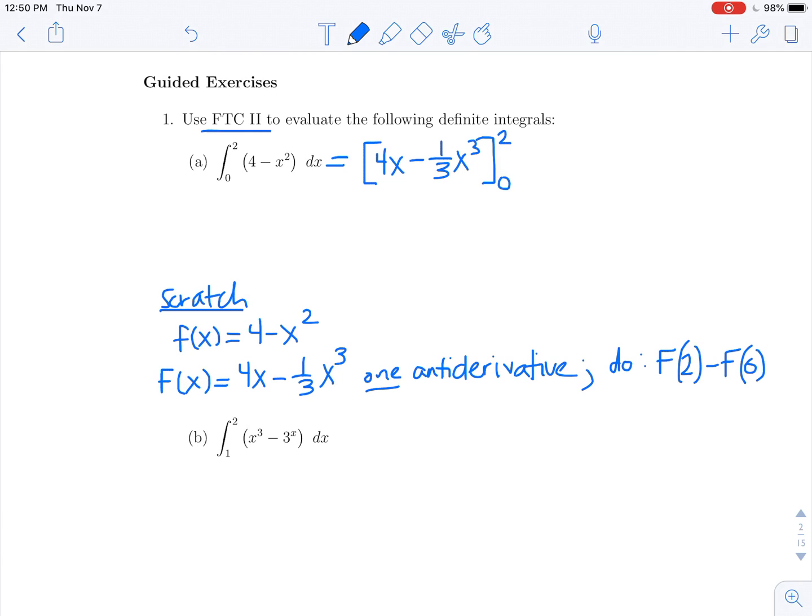And then to show the plugging into the antiderivative, the capital F of 2 minus capital F of 0, it's a good idea to use parentheses for capital F of 2 as well as capital F of 0. What we write is 4 times 2 minus 1/3 2 cubed, minus, and then 4 times 0 minus 1/3 0 cubed.